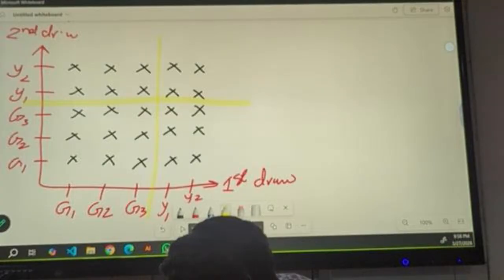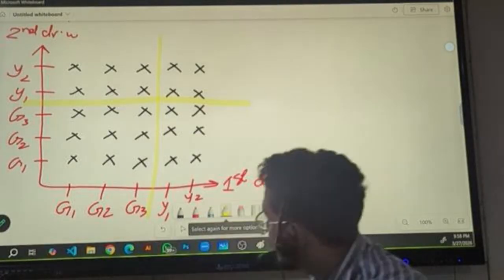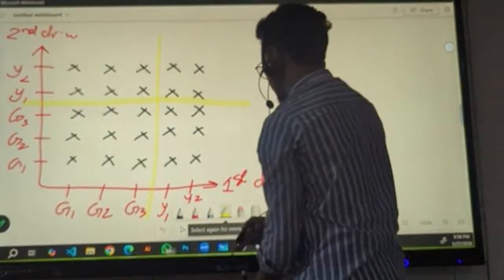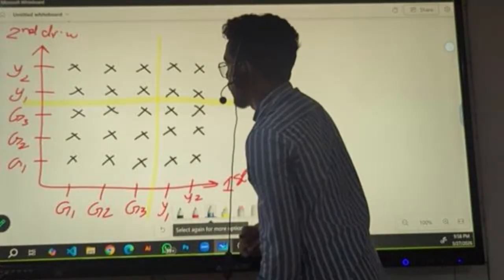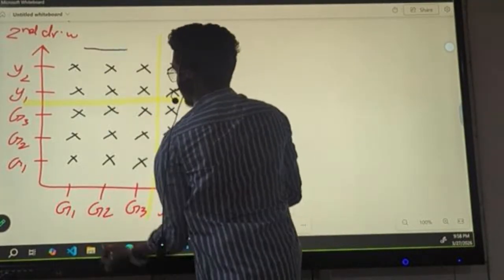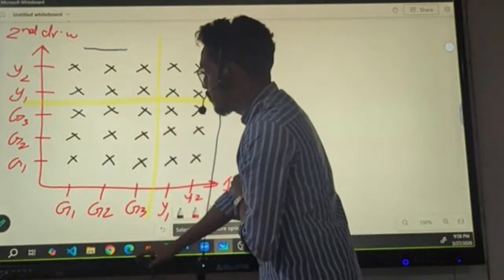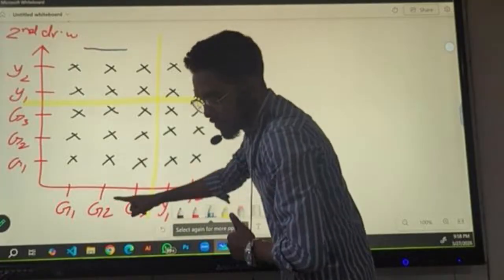Now, shall we name these sections? For this section, can you tell me what are the color balls we have? But it has to be in proper order. In the first row, what is the color we have? So these are the options. All these 6 are going to be green in the first row and yellow in the second row.